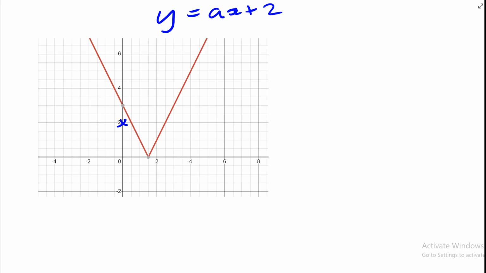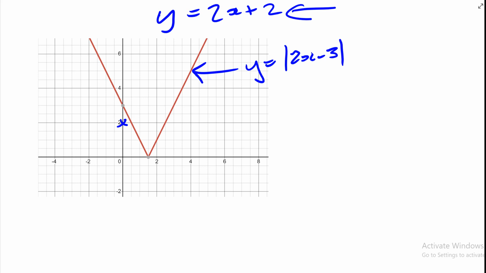Okay, so we know the gradient of this is 2. So let's say the gradient of this graph is also 2. In other words, let's say that a is 2. We would get a graph that's parallel to this one.